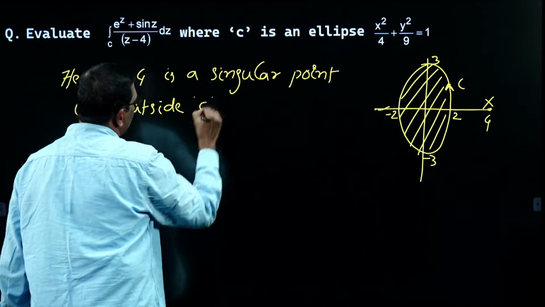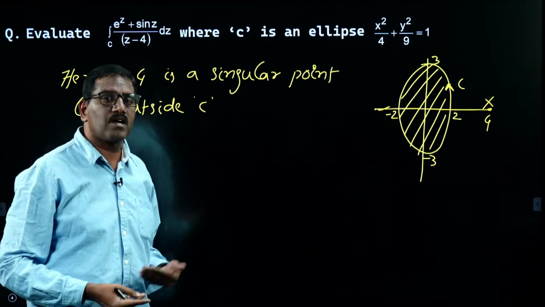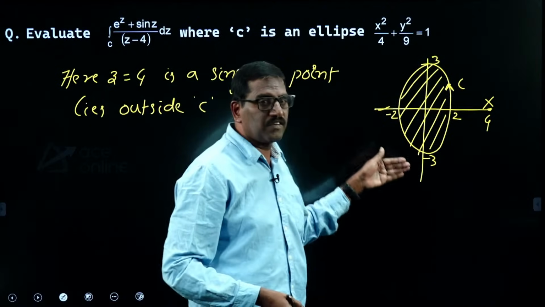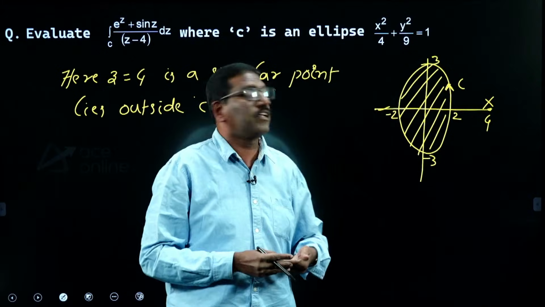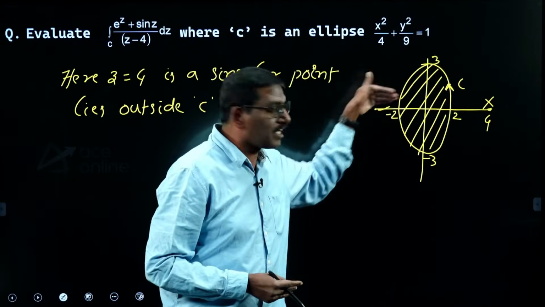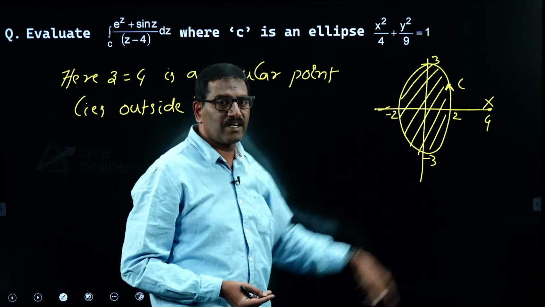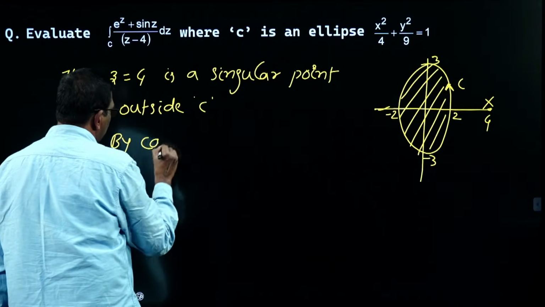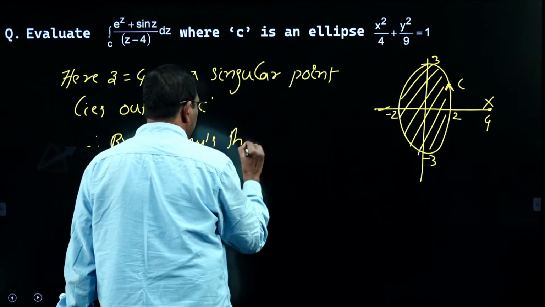Clear or not? If any singular point lies inside C, then I will apply the Cauchy integral formula, as you already know. But there is no singular point inside. The one singular point you have observed lies outside the closed curve, so no doubt by Cauchy's theorem, the answer is directly 0. Therefore, by Cauchy's theorem, not the integral formula.